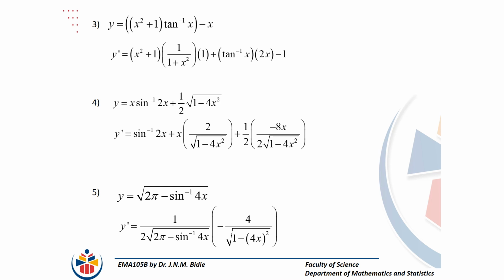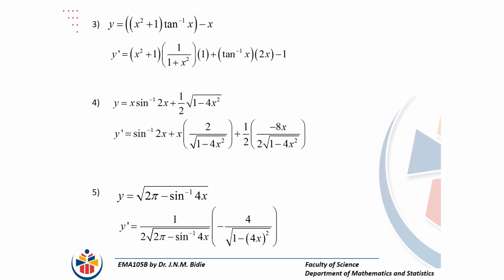Note 1 over the square root of 1 minus 2x all squared is the derivative of arcsine 2x, and that would be multiplied by 2. And then plus. Now you've got the product of those, you've got the terms, two terms that are a result of the product rule of the first term.